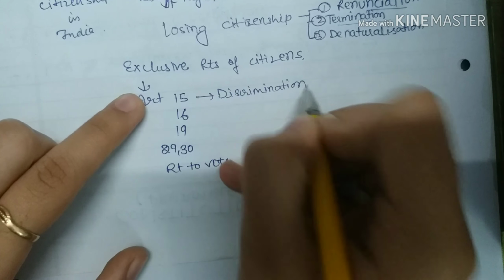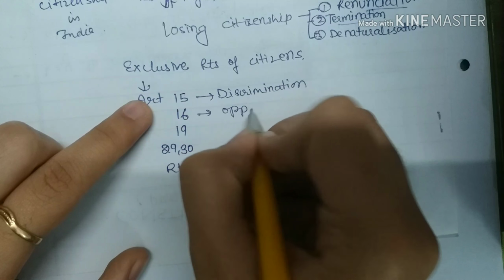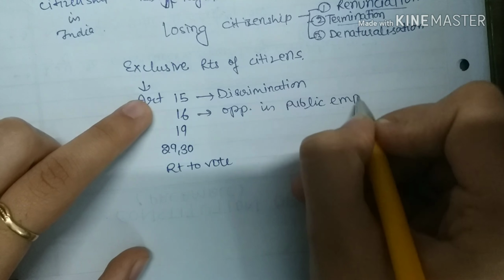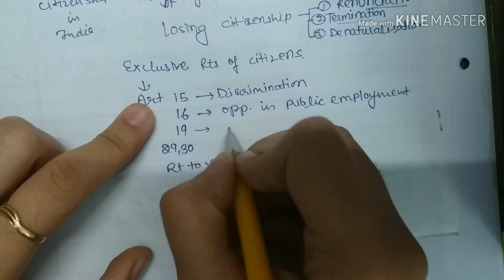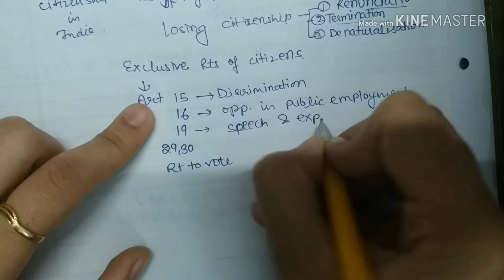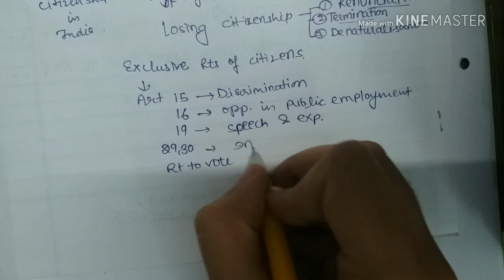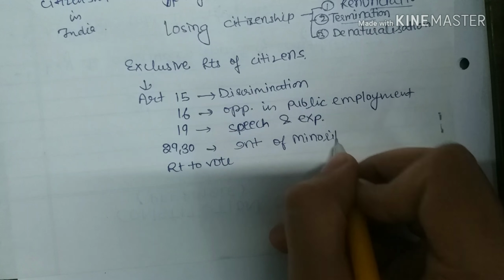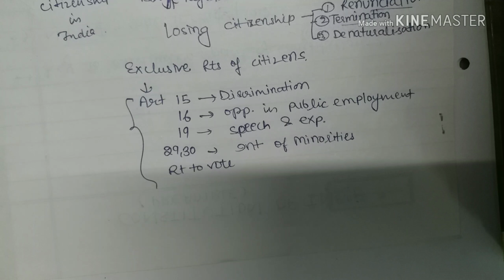So only citizens are entitled to this right. Article 16 is about opportunities in public employment. Article 19 is about freedom of speech and expression. 29 and 30 are about protection of the interests of minorities. So these are exclusive rights of a citizen and these are not given to foreigners.